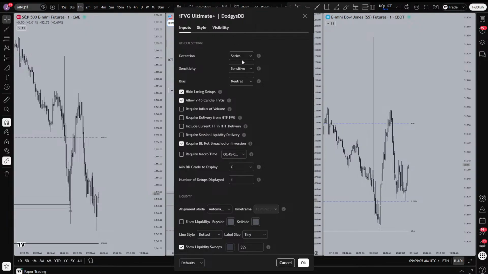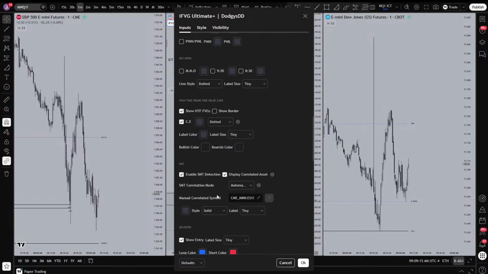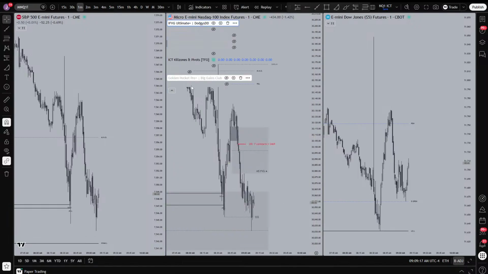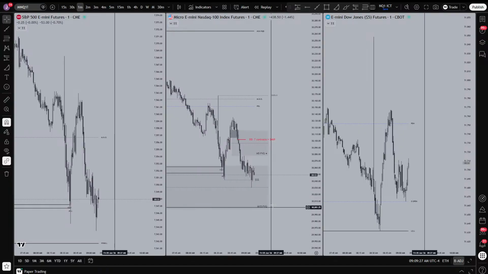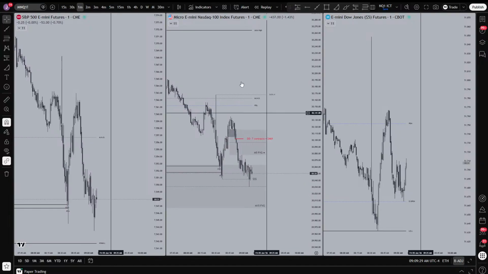Just take a screenshot of this, series sensitive neutral, and these buttons. Anything under liquidity, you're going to want to take a second to fully read yourself and customize your own charts. We also have a YouTube video posted. Let's look up how to set up the Dodgy indicator. This is 15 minutes. Right here, 15 minutes.